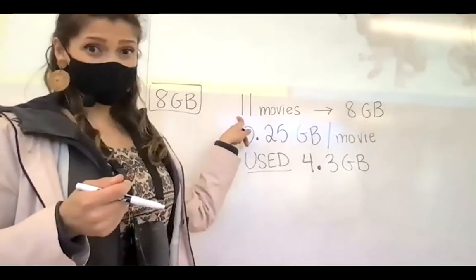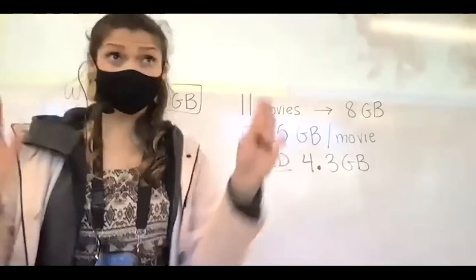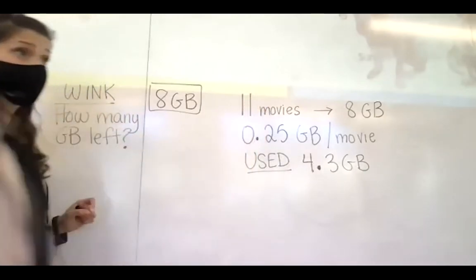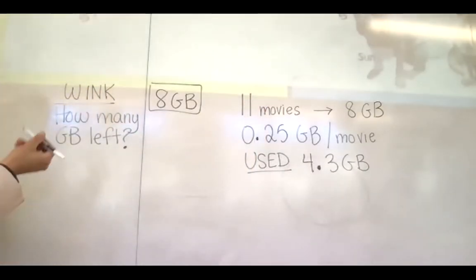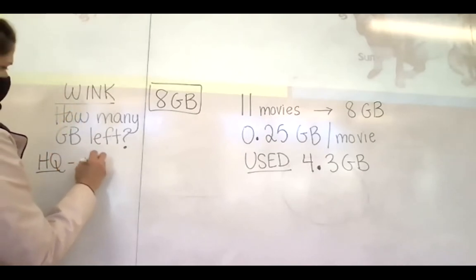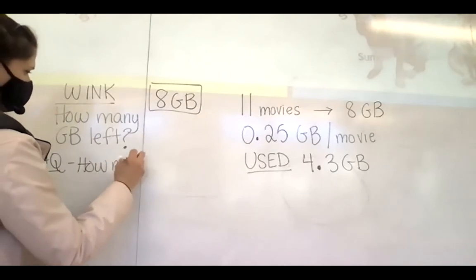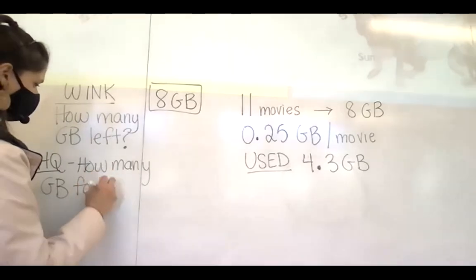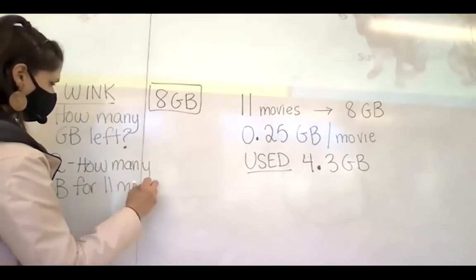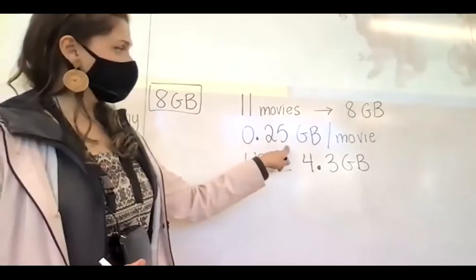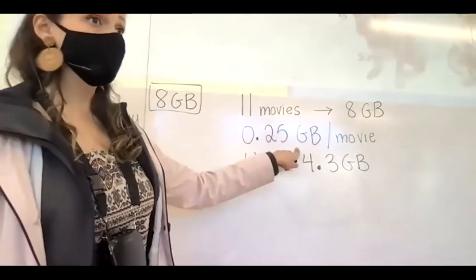The very first question I need to ask myself, my first HQ, hidden question, is how many gigabytes will 11 movies take up? So let's put that as one of our hidden questions. HQ. How many gigabytes for 11 movies? But how are we supposed to know that? Well, we know that there's 25 hundredths of a gigabyte per movie.